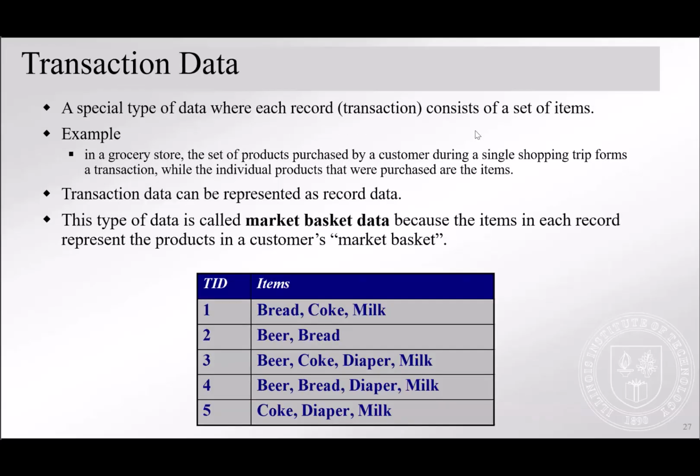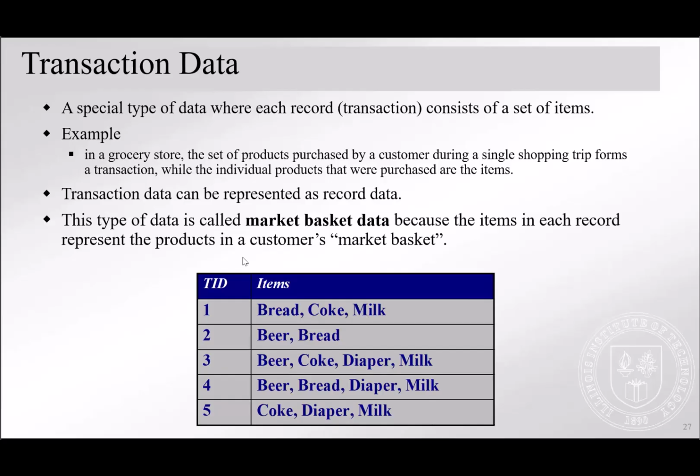The next flavor is the transaction data. This is a special type of data where each record or row is a transaction. We looked at this one before, right? And each transaction contains a set of items. For example, in a grocery store, one customer's shopping trip is a transaction, and the products they buy, such as milk or bread, are the items.